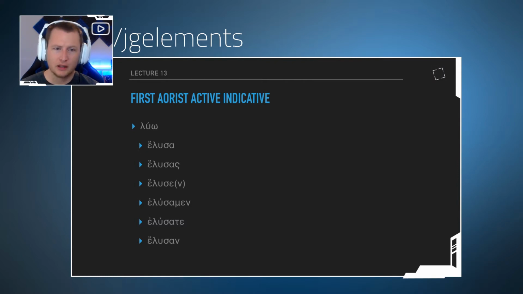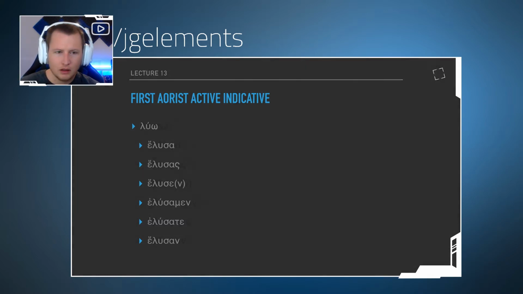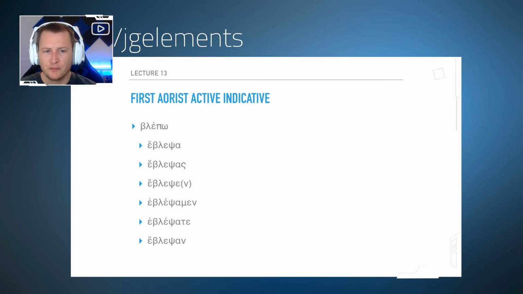So that's one example. Here's blepo. The present active stem is blep. Okay? Square of stops. P plus sigma is psi. So in this case, we have the augment, then blep, then sigma alpha as the tense formative.